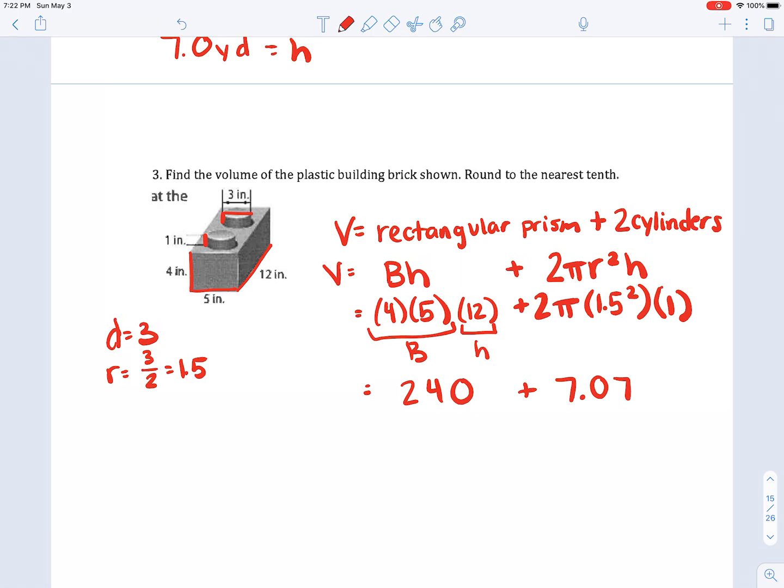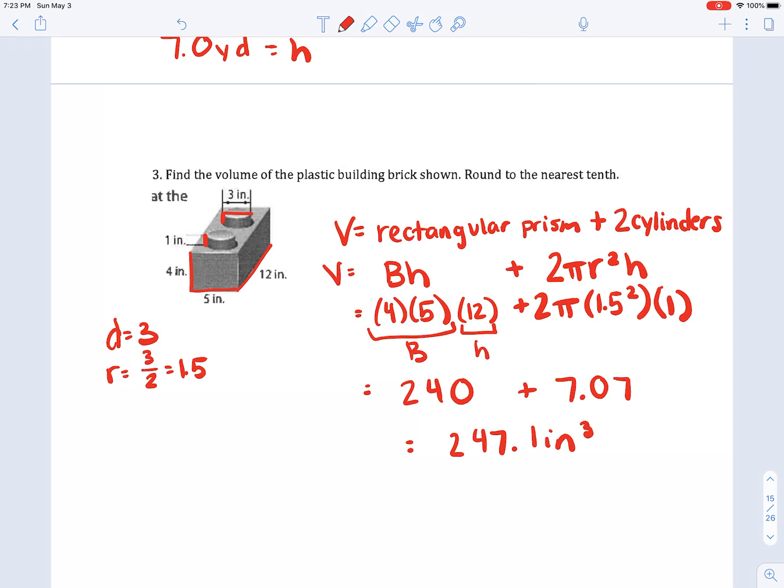I'm going to add them together to find a total volume of 247.1 inches cubed.